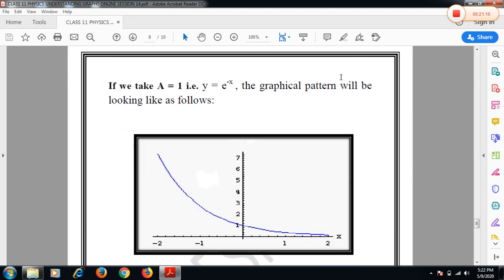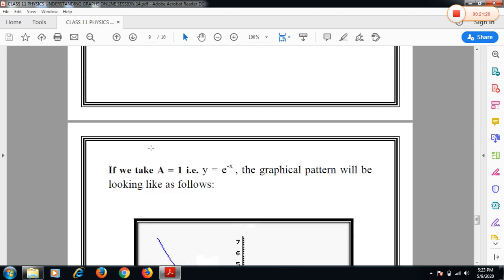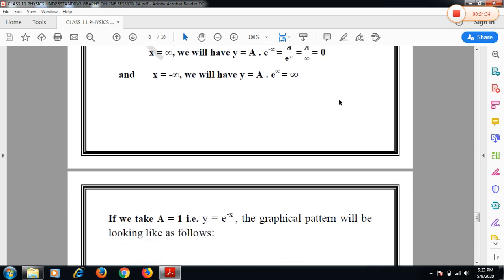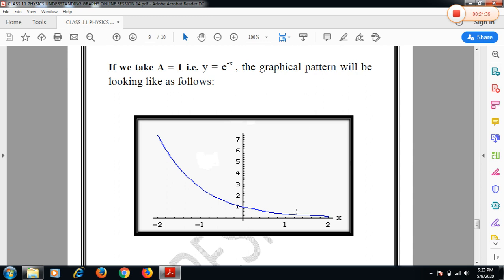So for negative infinite values, the graph will be merging with infinity. And for x equals positive infinity, we will have y equals 0. So for x equals positive infinity, the graph will merge with the x-axis.